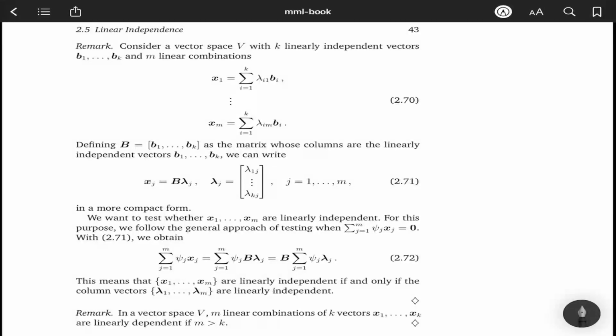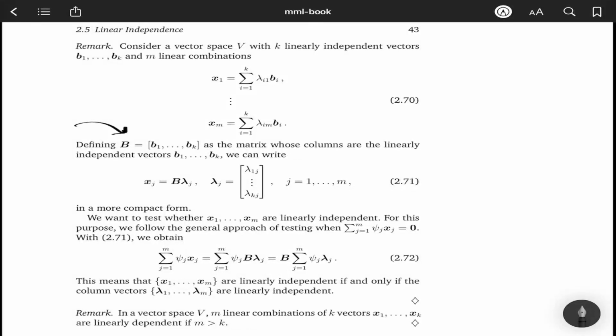And you can do this m times. And now they're basically defining B as a set. Maybe it's a set, maybe it's a matrix, I don't know. No, it's a matrix whose columns are linearly independent.